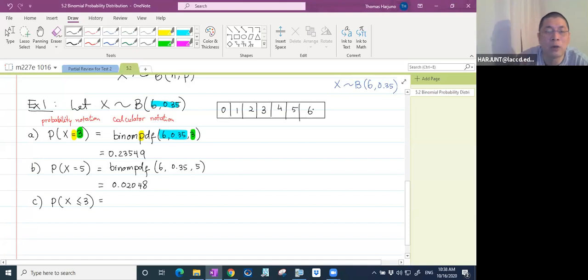Now, in part A, we want to find out what is the probability to get 3 tails. For part B, we want to find what is the probability to get 5 tails. Now, part C, however, is the probability to get at most 3 tails.